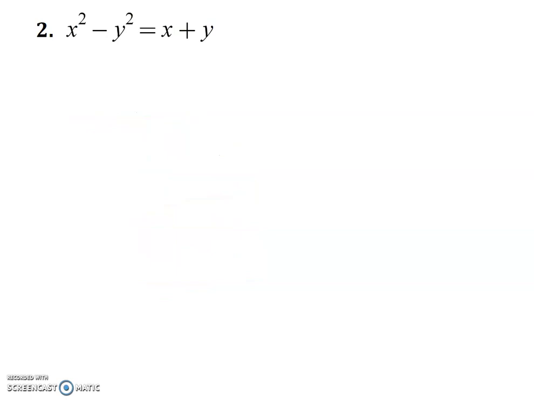Now let's look at another one with multiple y's. So again, we're just going to go term by term and take the derivative. So the derivative of x squared is 2x. The derivative of y squared would be 2y. But anytime I take the derivative of a y, I'm going to put a dy/dx with it. The derivative of x is just 1.